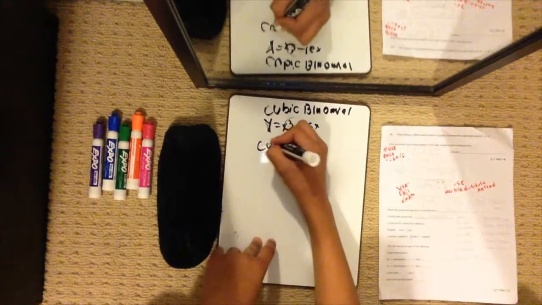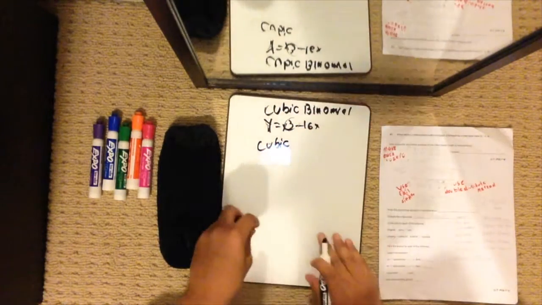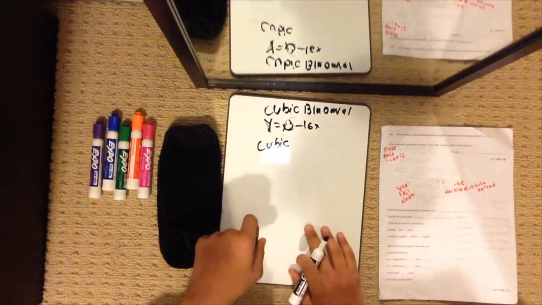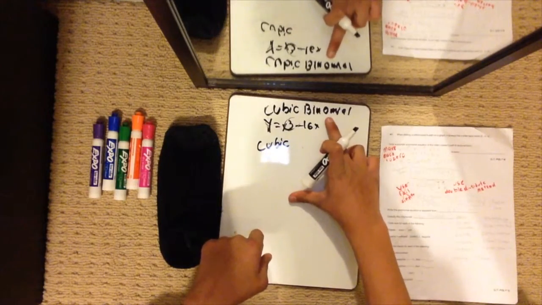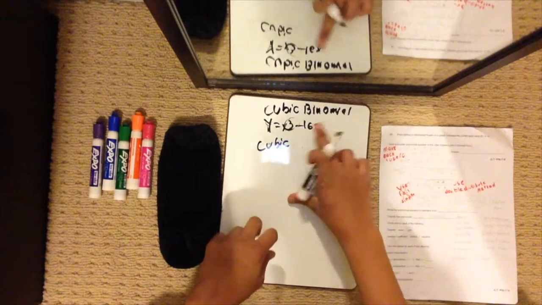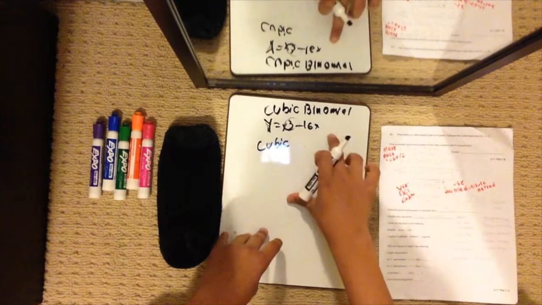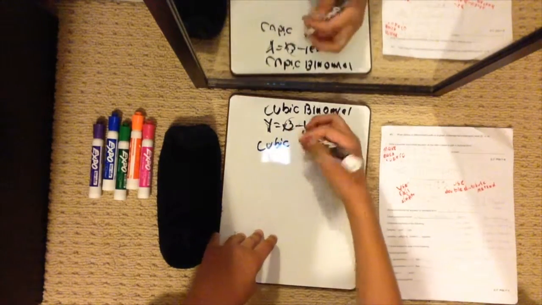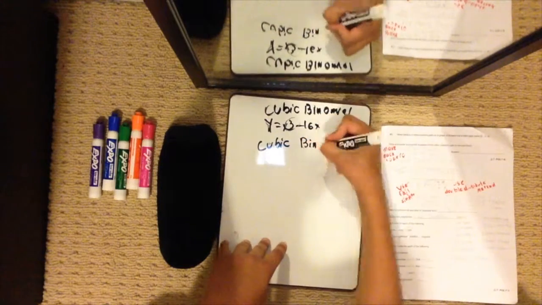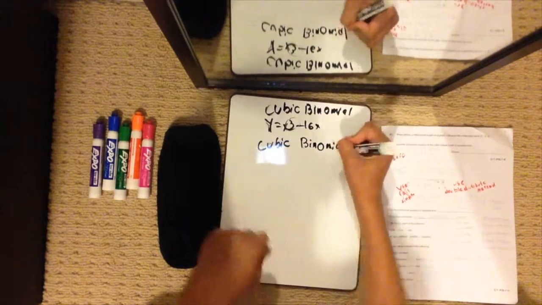So that's why it's cubic. And then the way you find the second part is by the number of terms. If it's 3 terms, it'll be a trinomial. But since this is only 2 terms, it's a binomial. So that's how you find out that it's a cubic binomial.